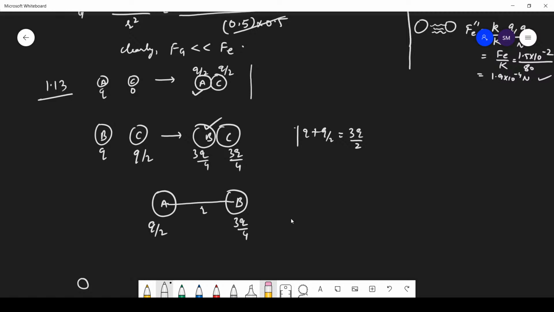So the force of repulsion by Coulomb's law is given by K Q1 Q2 by R square.